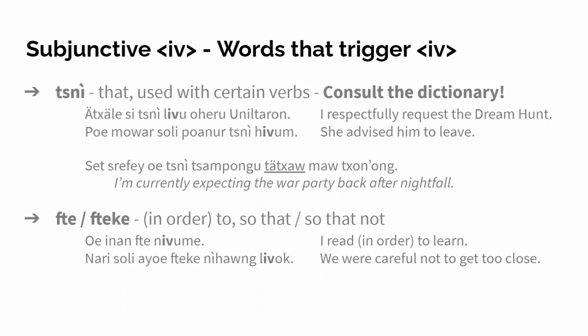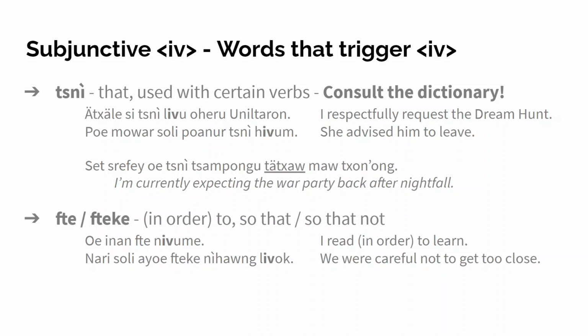Next, fte and fteke. Fte means in order to, so that. Fteke is then the negated version, and means so that not. Two examples: oe inan fte nivume, I read in order to learn. So here you see that the fte causes the nume to learn to have an if infix, and so it becomes nivume.